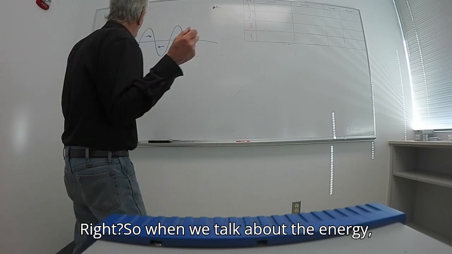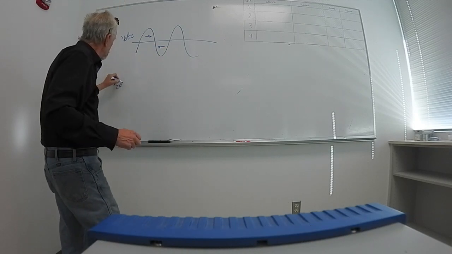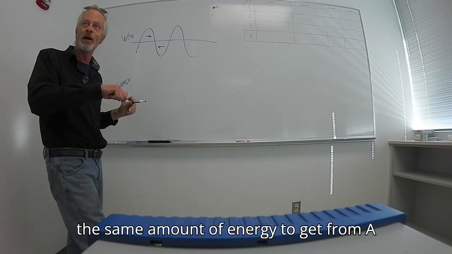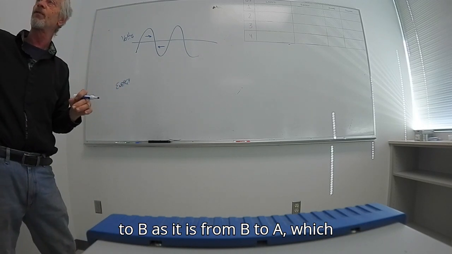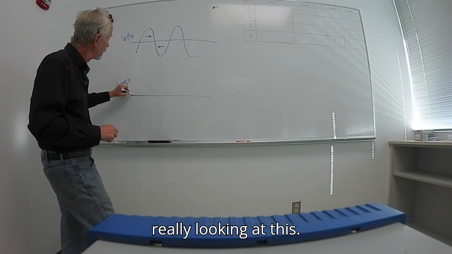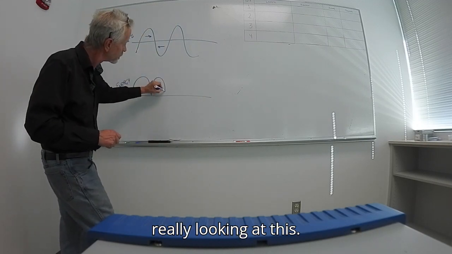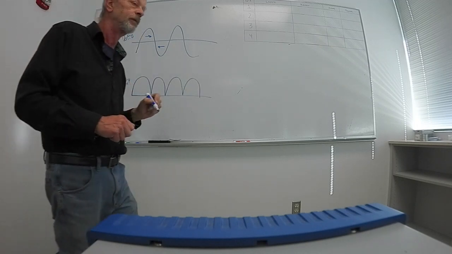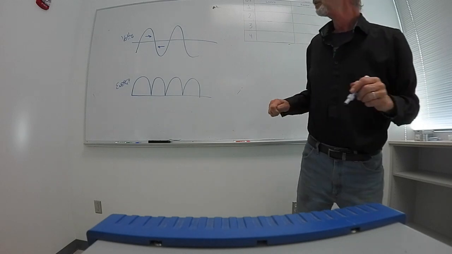So when we talk about the energy, energy doesn't care about polarity. It's the same amount of energy to get from A to B as it is from B to A, which means that when we look at energy, we're really looking at this. Right?